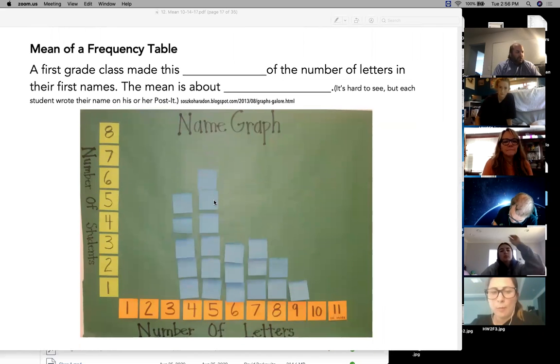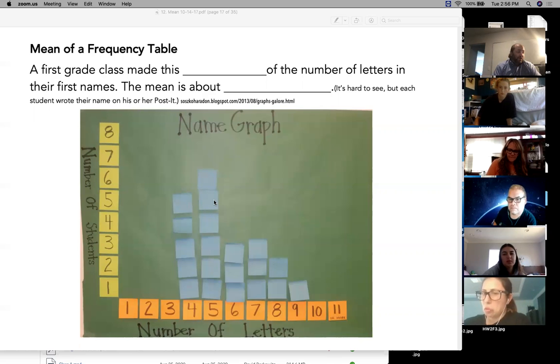So a first grade class made this graph of the number of letters in their first names. What kind of graph is this? The one we did at the beginning. Is it a dot plot?